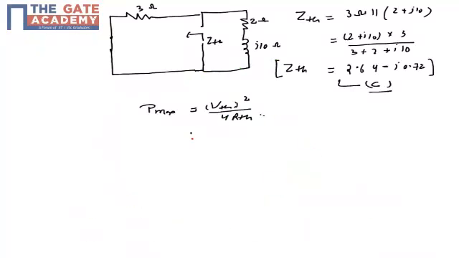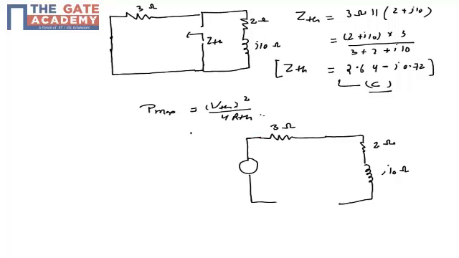So now let's draw the equivalent circuit for the Thevenin equivalent voltage. This time we have a 3 ohm resistor followed by a 2 ohm resistor, then j10 ohm, with the supply voltage of 50 angle 45 degree.